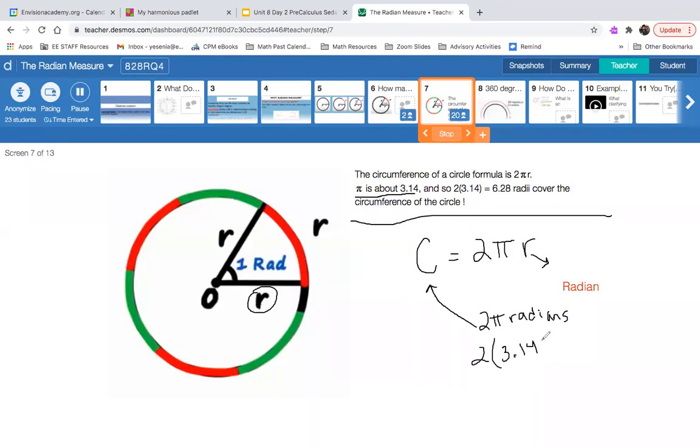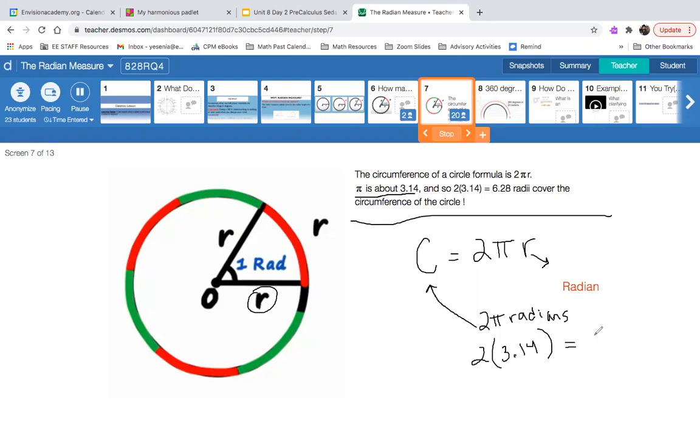It's actually more than 3.14. It's 3.14 and blah, blah, blah. It keeps going. Let's just round it to 3.14, multiply by 2. I'm using my phone. I got 6.28. So about 6.28 radiuses cover the circumference of this circle.